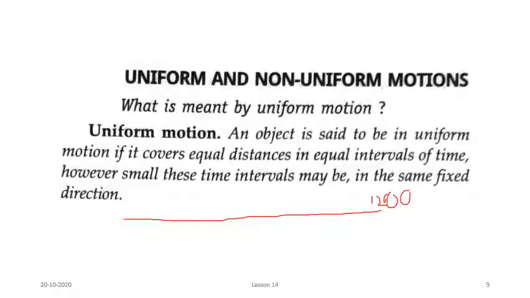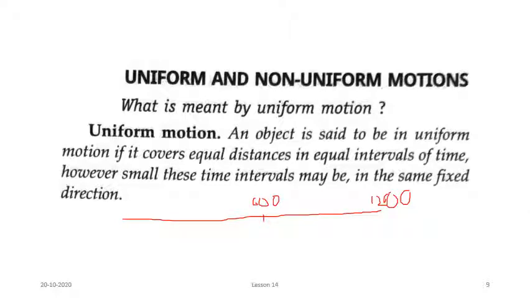Now, what actually happens is that it covers equal distances in equal intervals of time. So, let us say from 0 to 600 meters, somewhere here. This is your 600 meters.